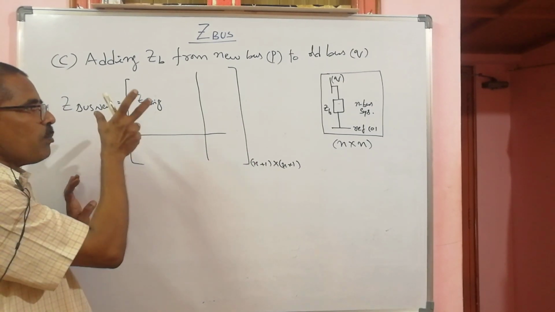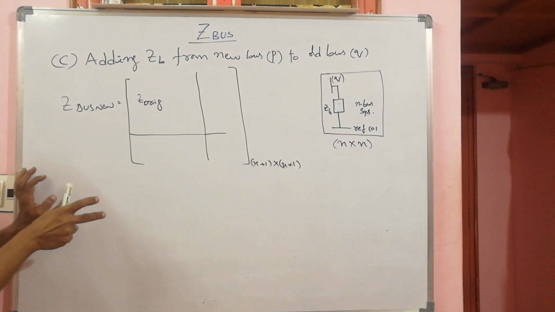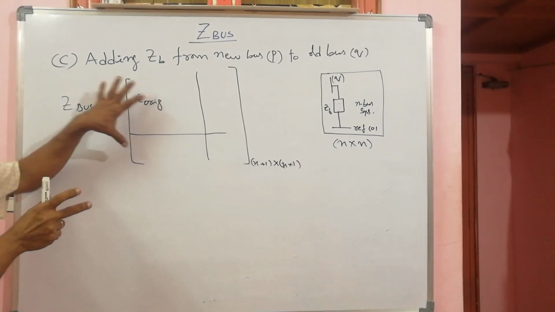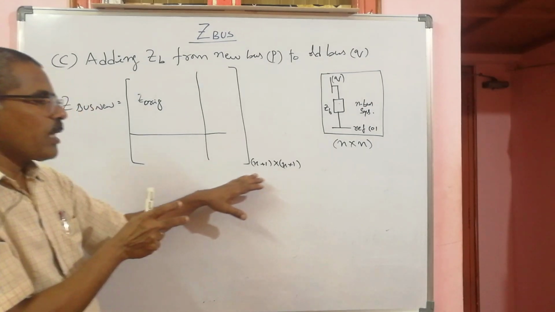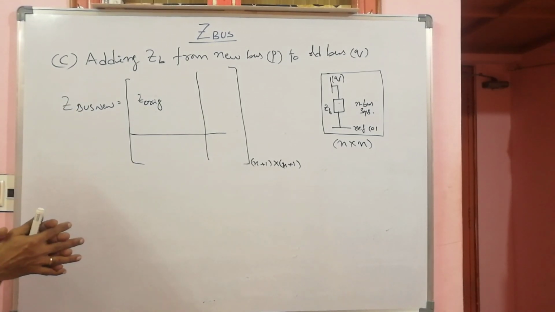You follow the same procedure as we did for case B, but finally the Z bus, which is n plus 1 by n plus 1, is to be reduced to n by n.